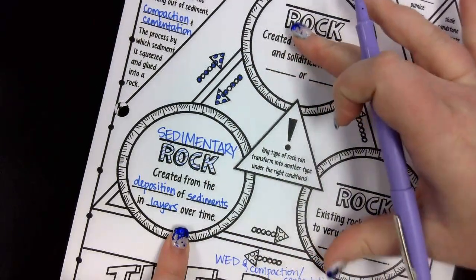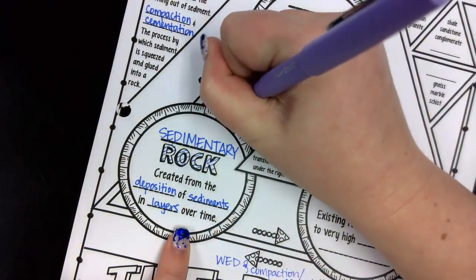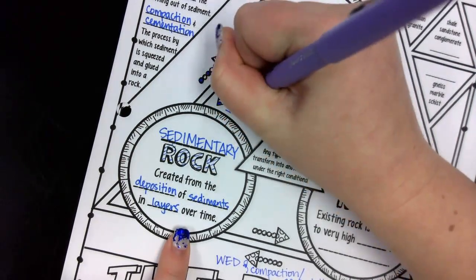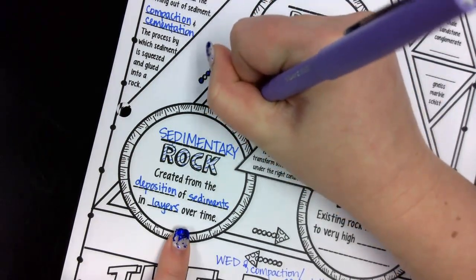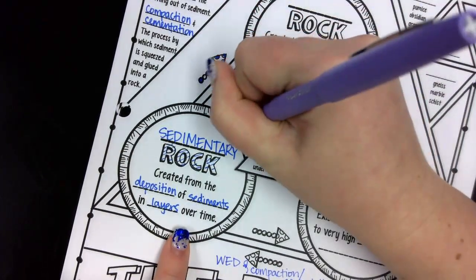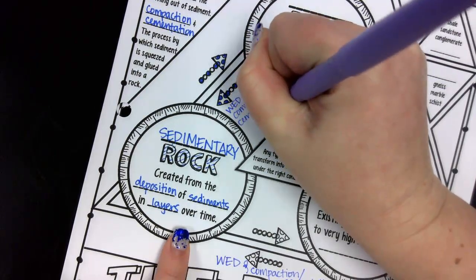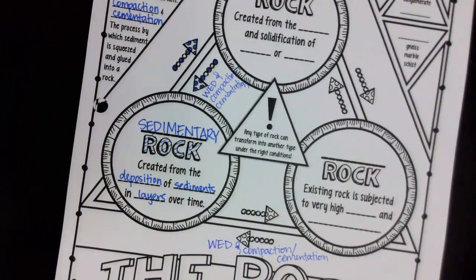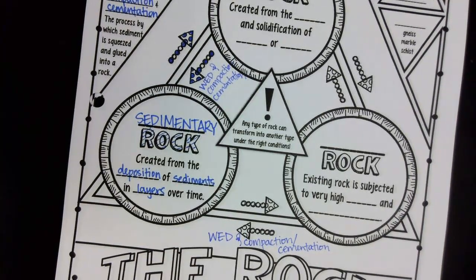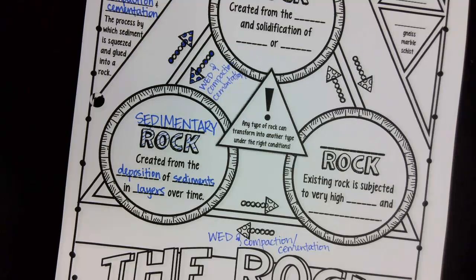No matter which way we're coming from, in order to get sedimentary rocks, we need to have weathering, erosion, deposition, and that compaction and cementation. Gets a little bit tight there, so sorry. So weathering, erosion, deposition, and compaction cementation lead us to our sedimentary rocks.